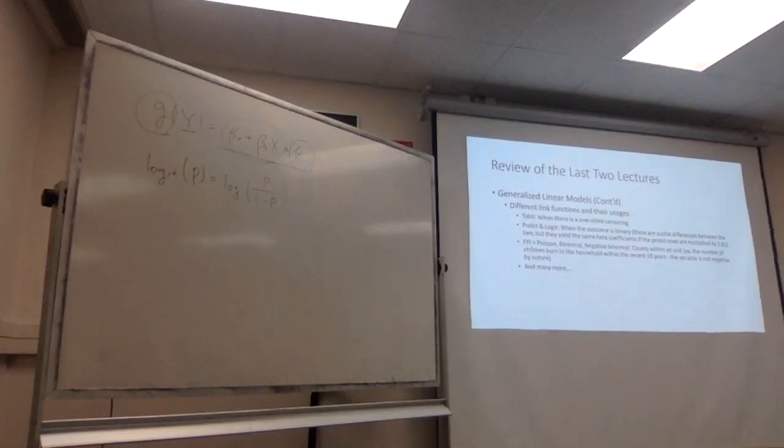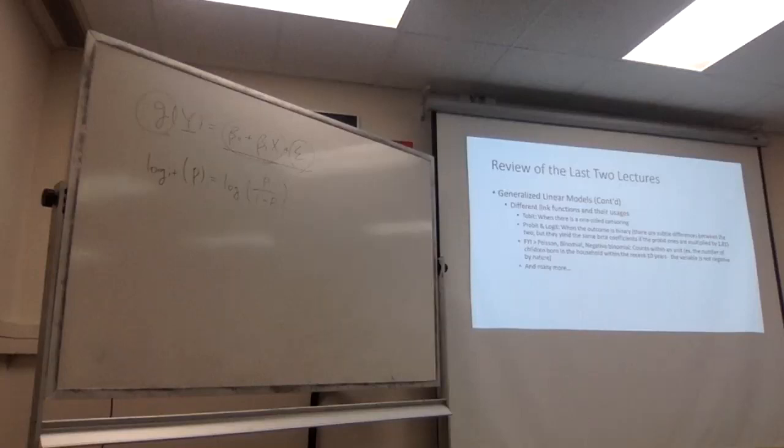There are different link functions and their usages. Tobit is used when there is one-sided censoring, and probit and logit are used when the outcome is binary. There are subtle differences between the two in the sense that probit uses probability and logit uses odds, basically.